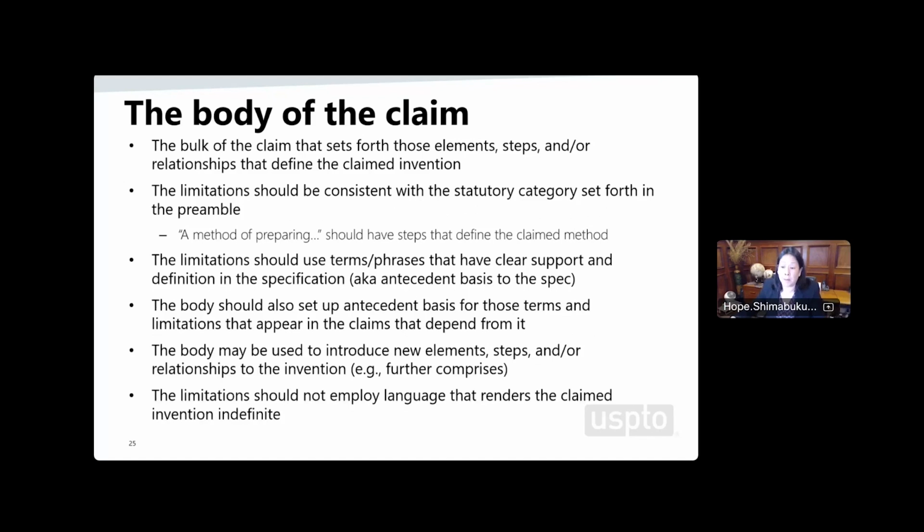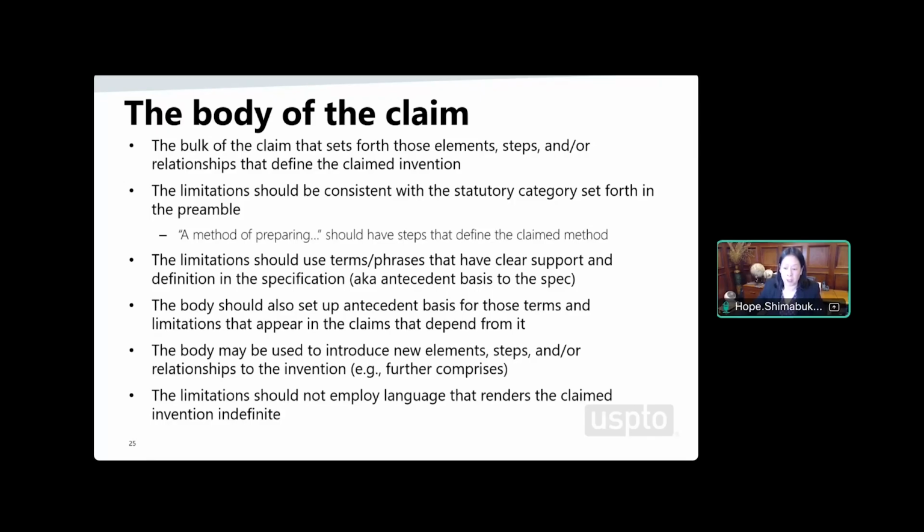So let's talk about the body of the claim itself, which is the bulk of the claim. And these include all the essential elements, steps, or relationships that define the invention. This is where the limitations should use phrases or terms that have clear support in the specification. The body can also set up antecedent bases.